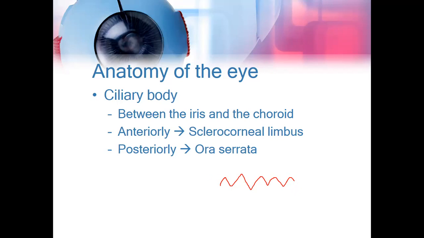However, we know that the retina is a posterior structure. So the most posterior part of the ciliary body is related to the most anterior part of the retina, which is the ora serrata.